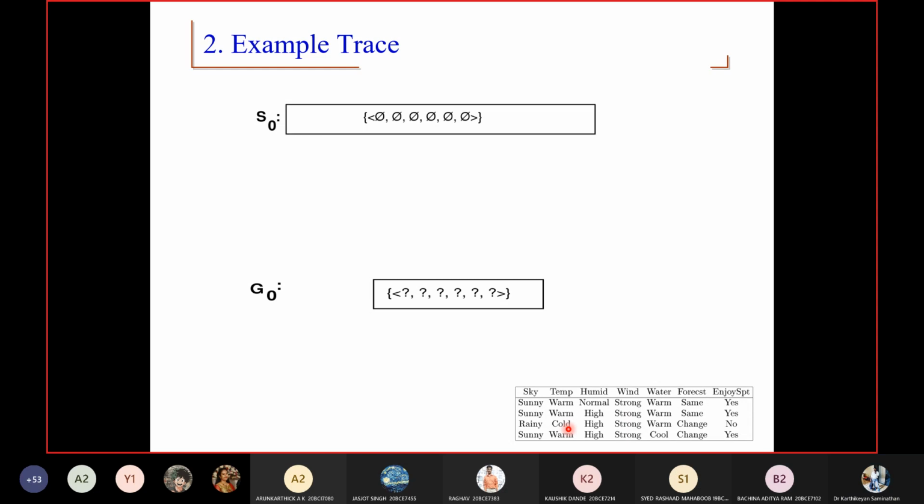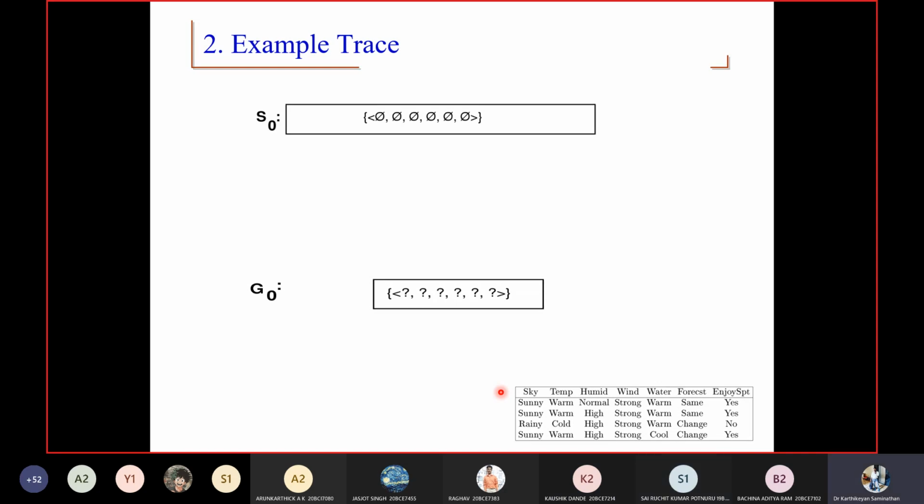Sir, S4 is sunny, comma, warm, comma, question mark, question mark, comma, strong, question mark, question mark. Yes. What is G4?